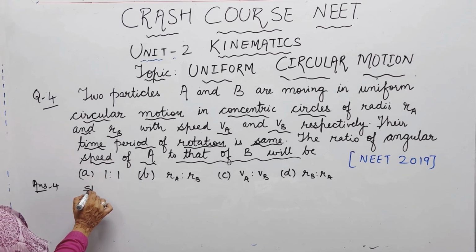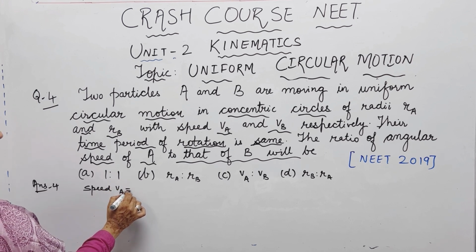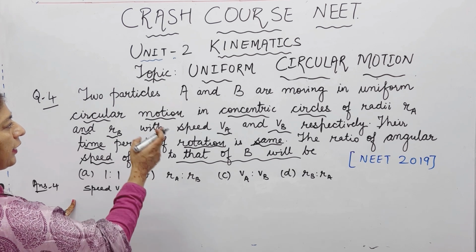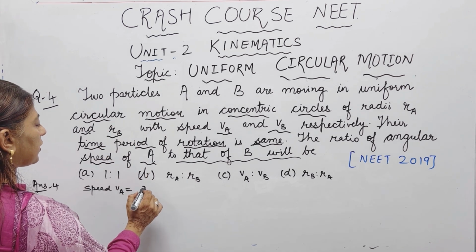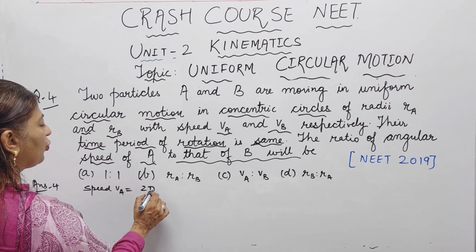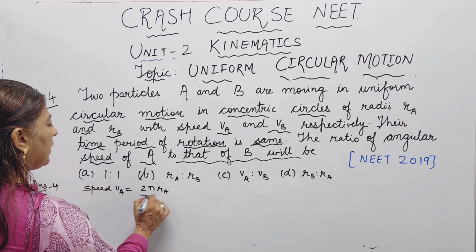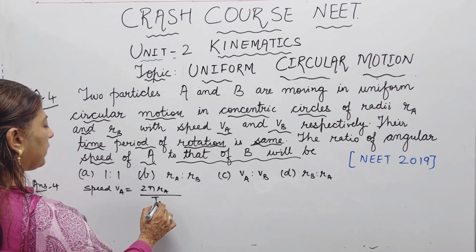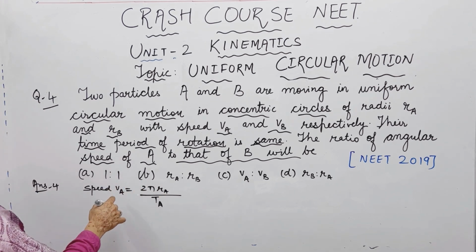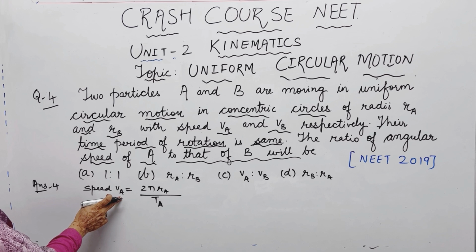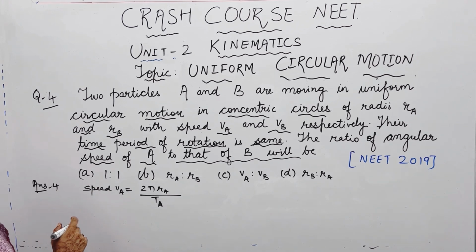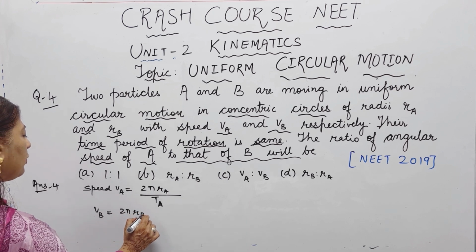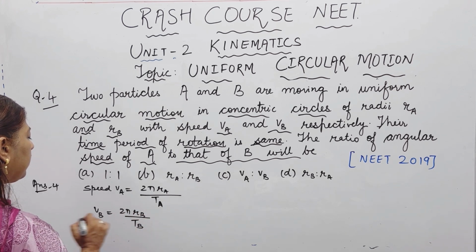So speed VA is given by displacement upon time. Here it is moving in a circle, so the distance moved is 2 pi RA, and let TA be the time period taken to move along the circle by the particle having velocity VA. Now VB is given by 2 pi RB over TB.